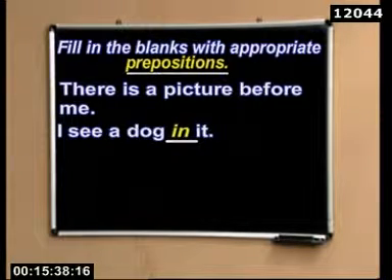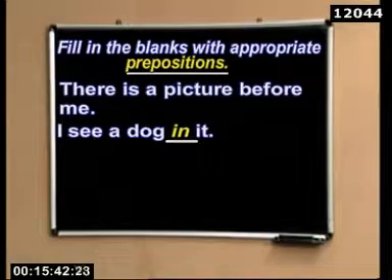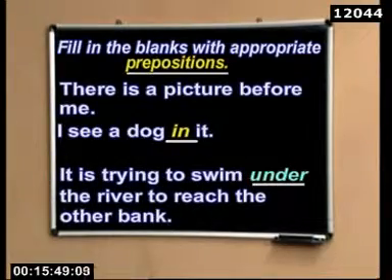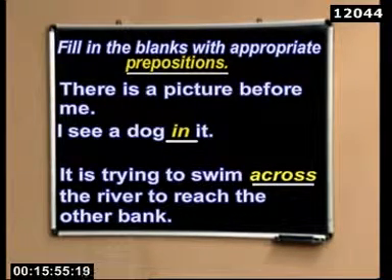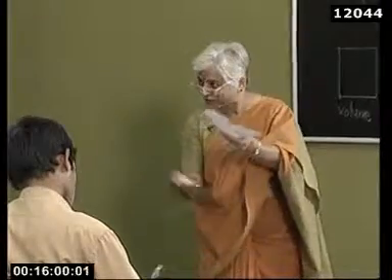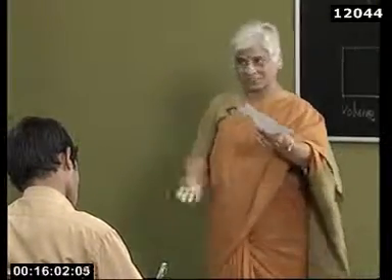I see a dog in it. Very good. Why in it? Because it is there inside the picture. Next. It is trying to swim across the river. Across the river, why across the river? Why not under the river? Under the river would be below somewhere in the ground. But it's not like that.